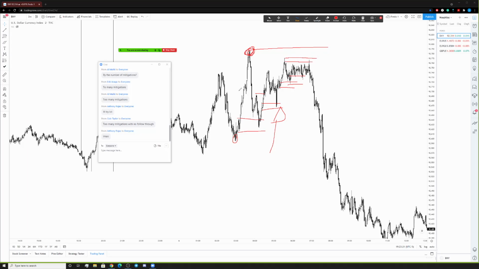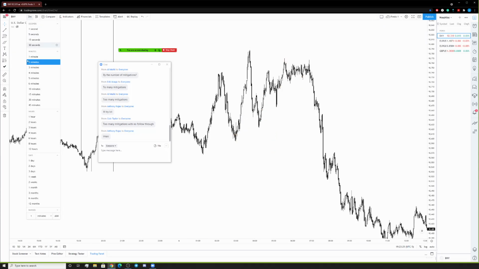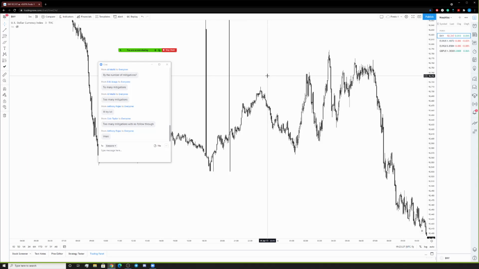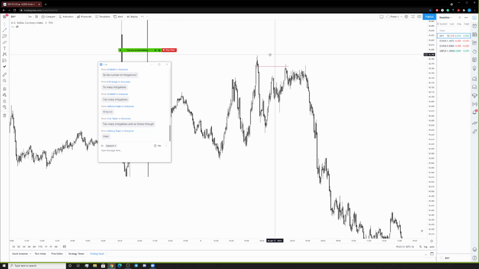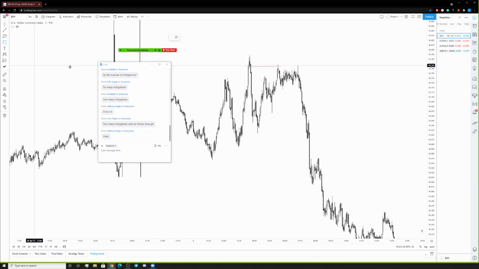we get that mitigation, but now let's look at it from the other side. Inefficiency, wick.